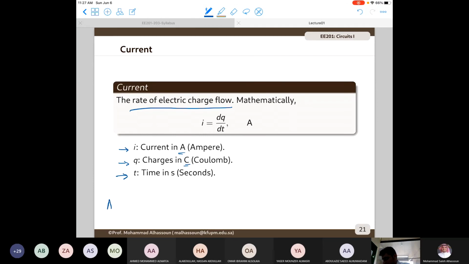So it's very important to use this analogy.